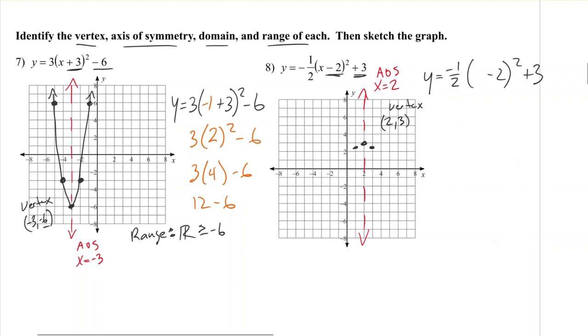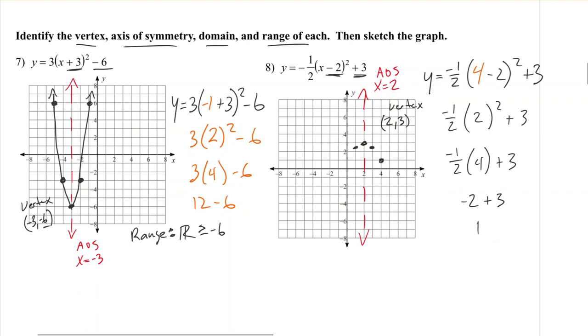So next we'll substitute in a 4. -1/2 times 4 minus 2 is 2 squared plus 3. 2 squared makes 4. -1/2 times 4 plus 3. -1/2 times 4. Half of 4 is 2. Negative factor, so -2 plus 3. That makes 1. So that's 4, 1.